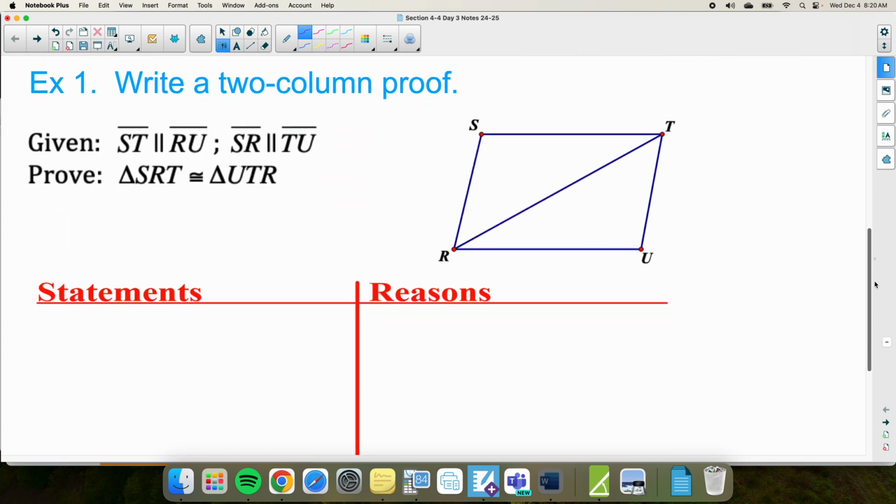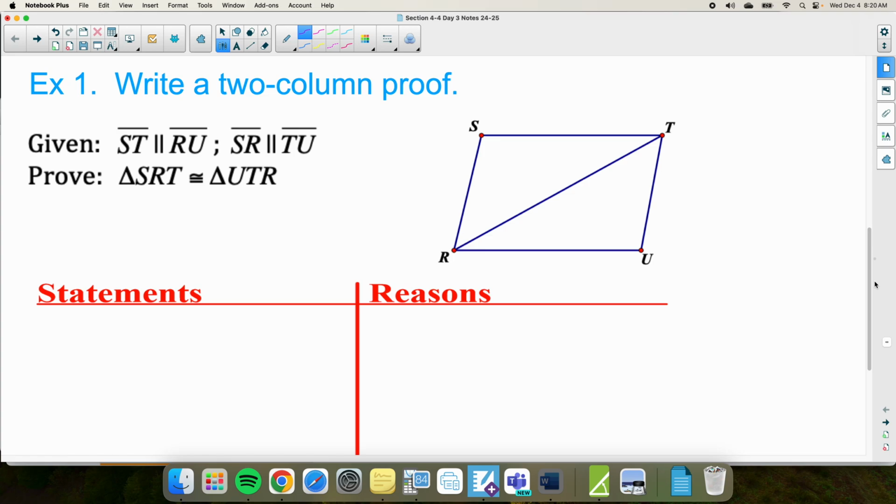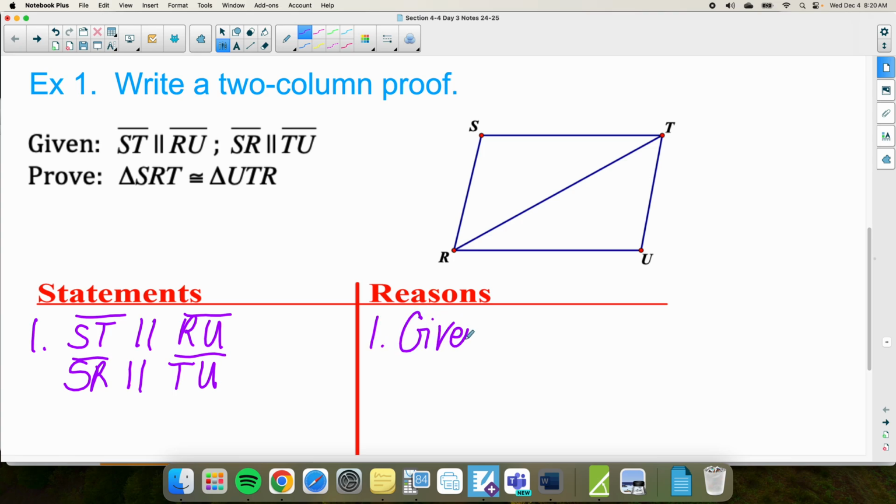So we're going to go over a couple proofs again today. Let's copy down the given for this one. Segment ST is parallel to segment RU, and segment SR is parallel to TU. And those are given. So what that tells us is these two are parallel as well as these two are parallel.